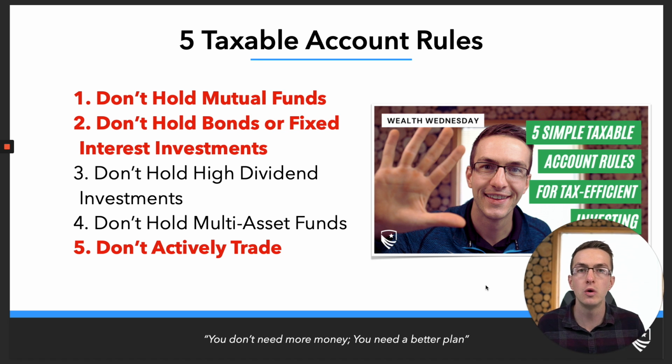And then finally, don't hold mutual funds. Again, our goal here is to have complete control over your tax return. Well, when you hold a mutual fund, the mutual fund manager controls your tax return. The reason being is that the mutual fund manager is buying and selling given investments inside of this mutual fund. A mutual fund is a pass-through entity, so any buying and selling that happens is passed through to you, the end investor.